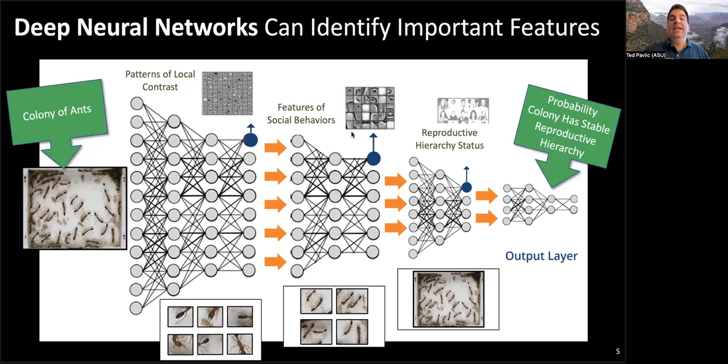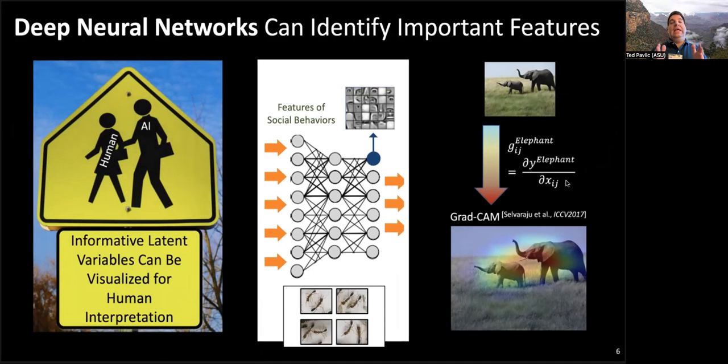It'll assemble those into some sort of important patterns of features of social behaviors, which will then be assembled into the reproductive hierarchy status, which then can do the calculation that we trained it to do. And on top of that, there are now tools that allow us to then go into those layers and pick out from those layers and ask, what important features have you found that helps you do this prediction?